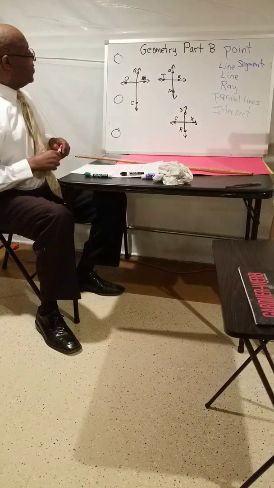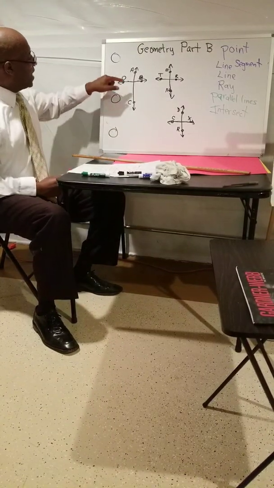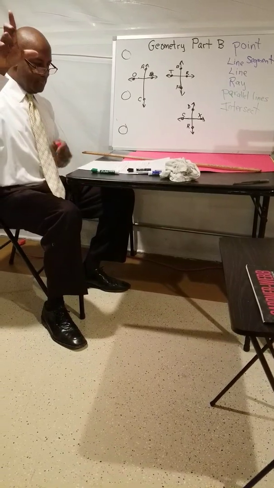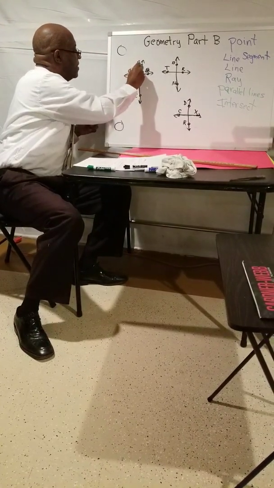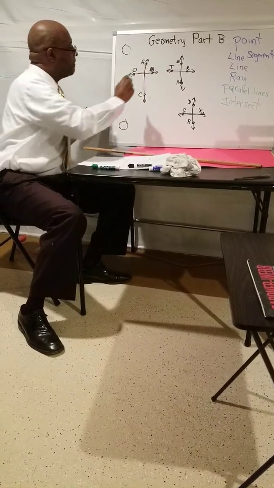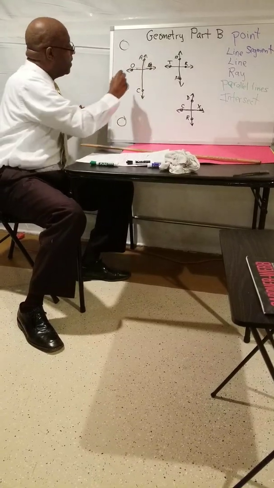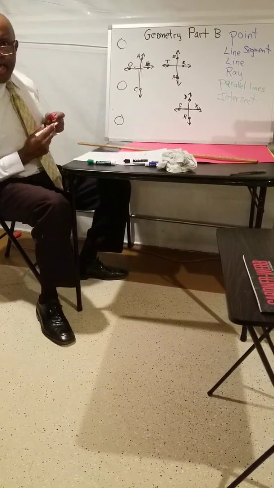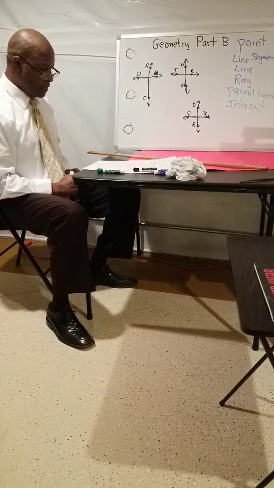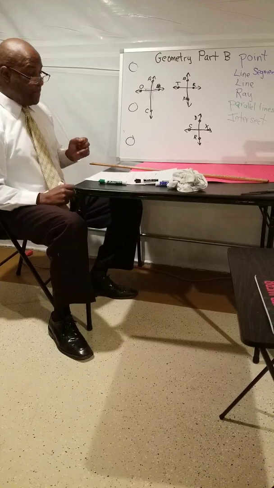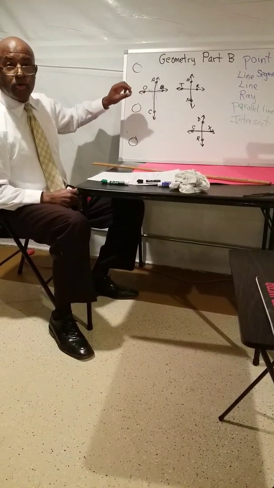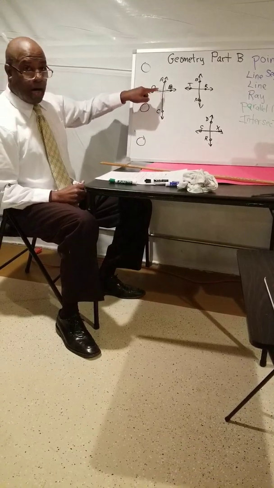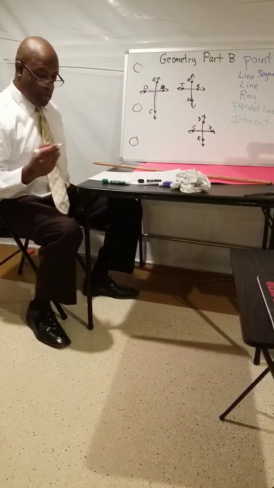Okay, I heard someone say it again. They all intersect or cross at a point where it looks like the capital L, a backwards capital L, a capital L, an upside down capital L. And we call that, boys and girls, when they cross or intersect and have the look of the capital L, a new vocabulary word.